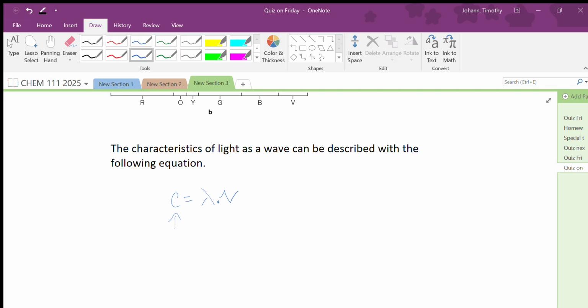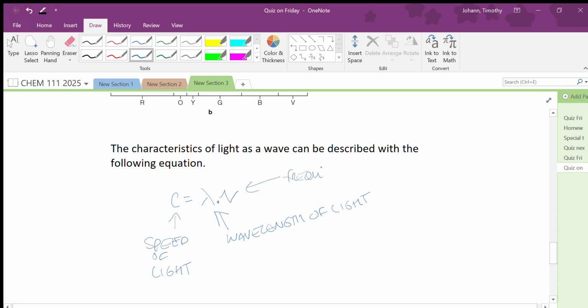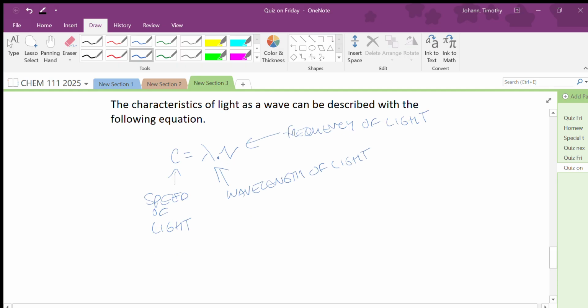The speed of light is equal to its wavelength times its frequency. Okay, so that's what these letters mean.